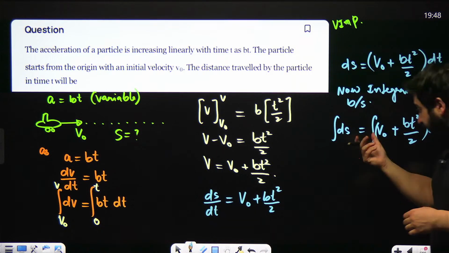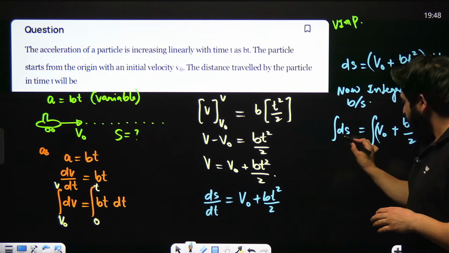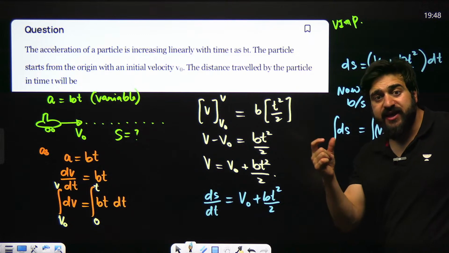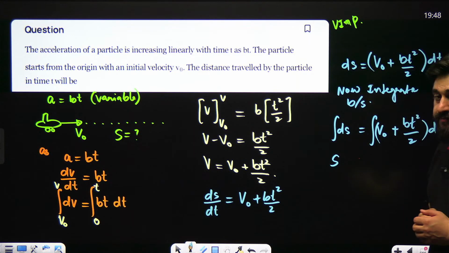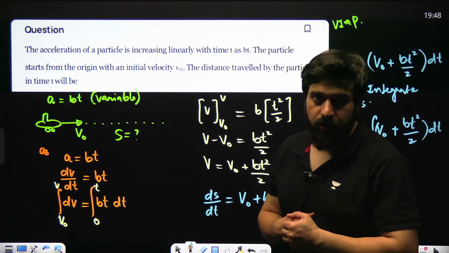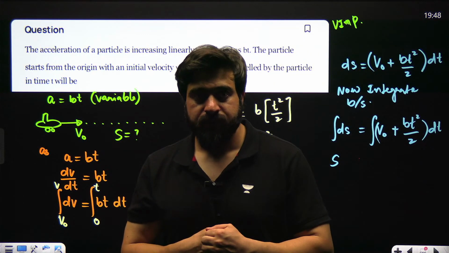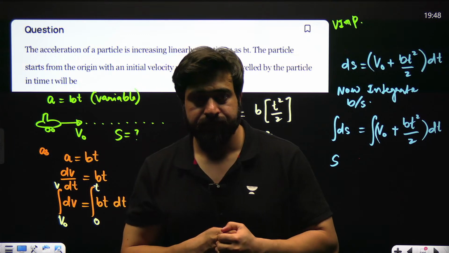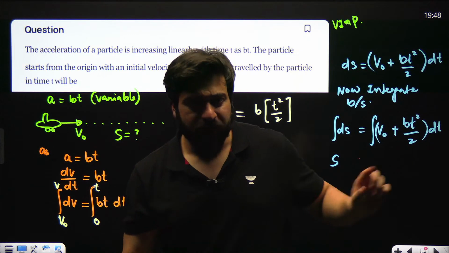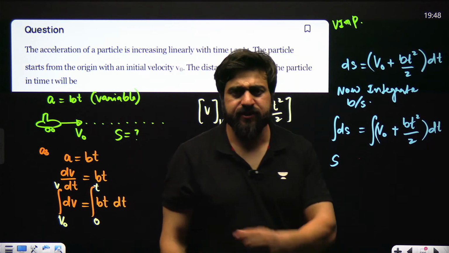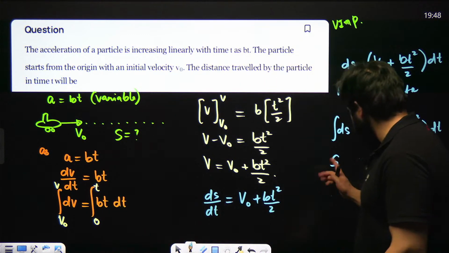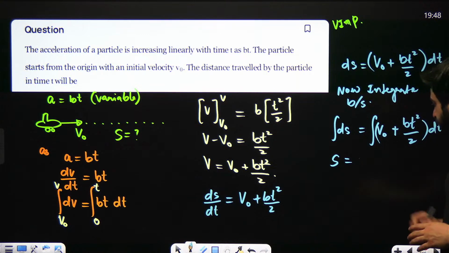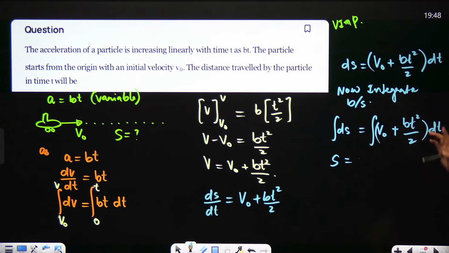Now, what is the integration of ds? It will give us the total displacement, that is s. It is not hard. You guys focus over here. There are just 3 to 4 bits more calculations. So s is equal to integration of v naught with respect to dt.